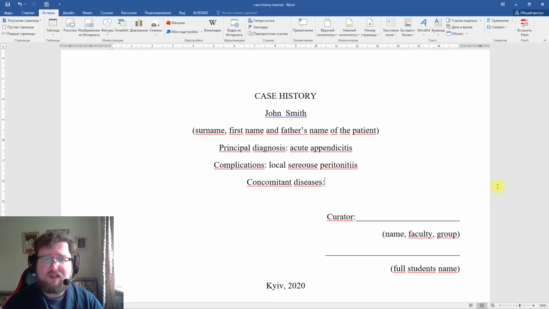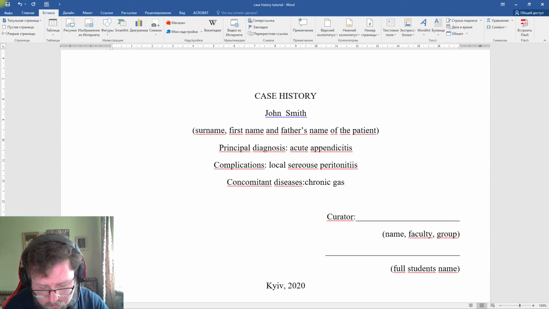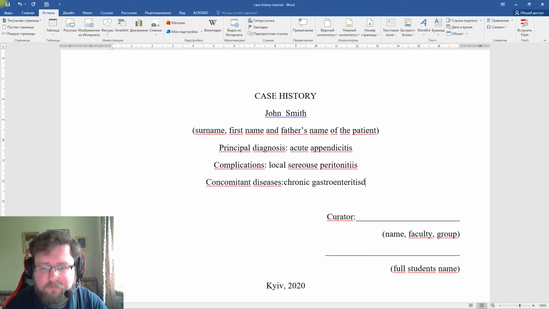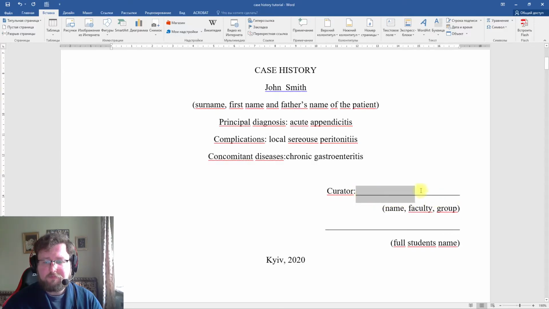So we can write without second thought that their concomitant disease is chronic gastroenteritis.